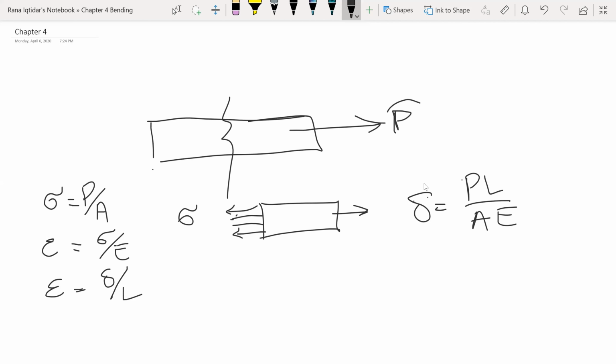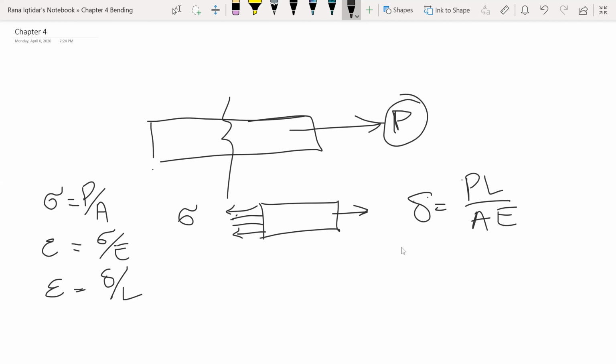L was the length of the beam. A was the cross-sectional area. And E was the Young's modulus or the modulus of elasticity for that particular material. Right? So load is given to you, length is fixed, cross-sectional area is fixed, and E is the material property. From there we can calculate del, right?